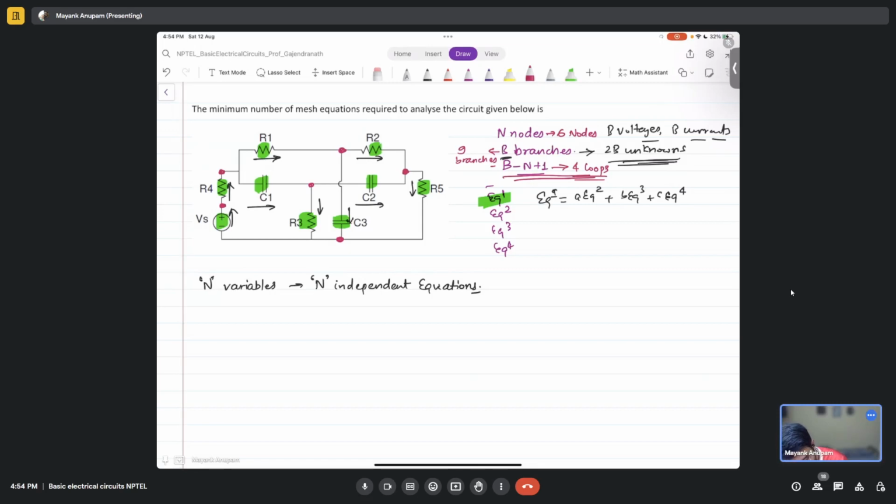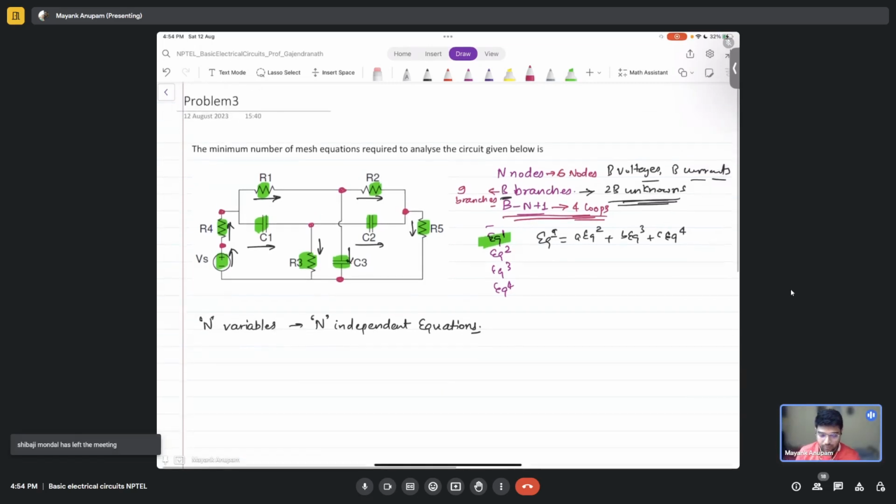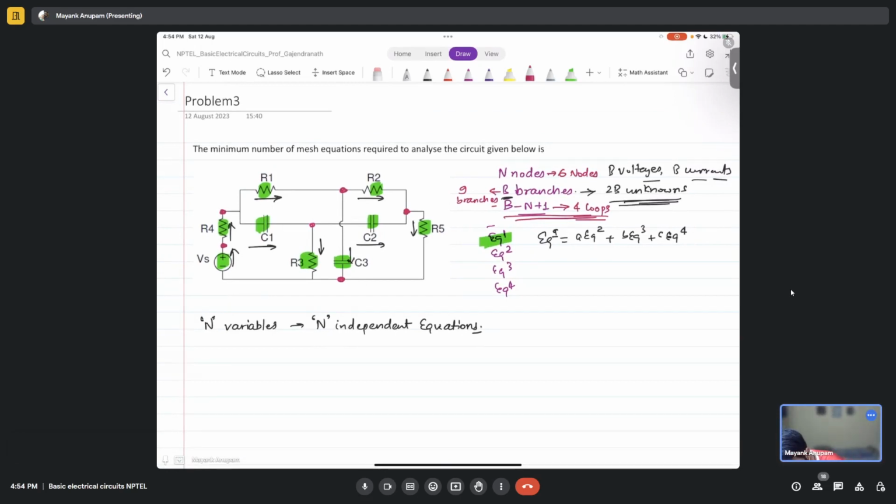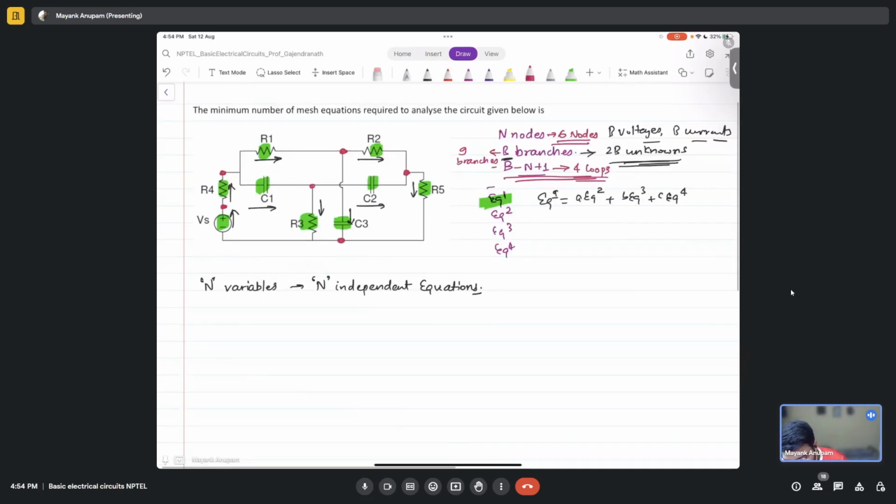Now tell me, there is also another way to look at this problem. As we already saw, there are six nodes in this circuit. But if you are given this particular circuit, among the six nodes, only five nodes are required to solve it, right?